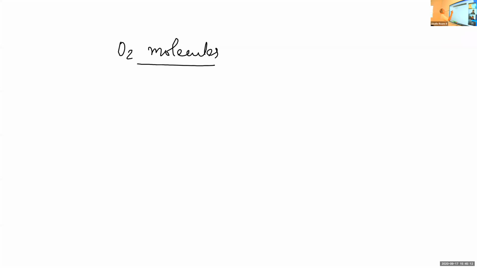We know the atomic number of oxygen is equal to 8, and the electronic configuration of oxygen will be 1s2, 2s2, 2p4.